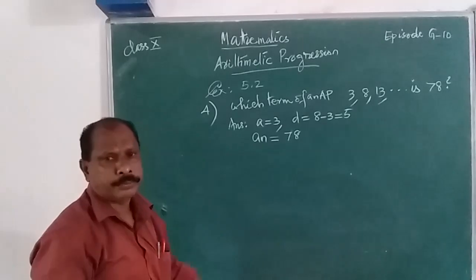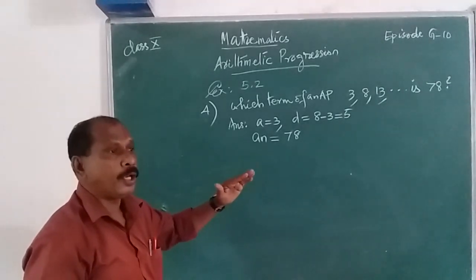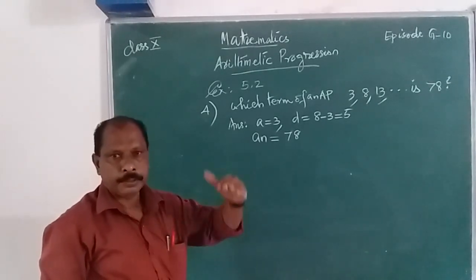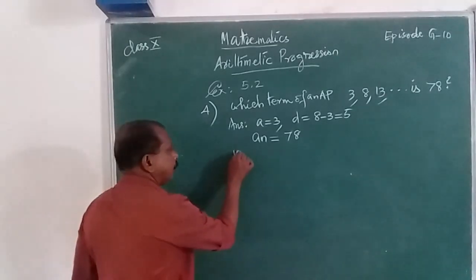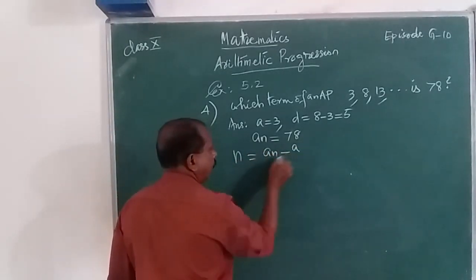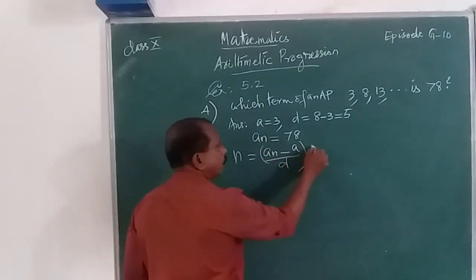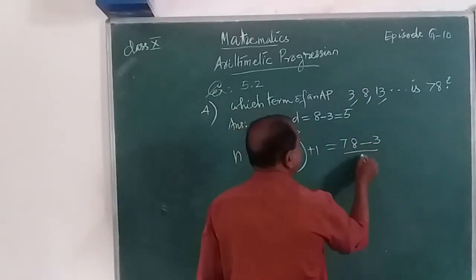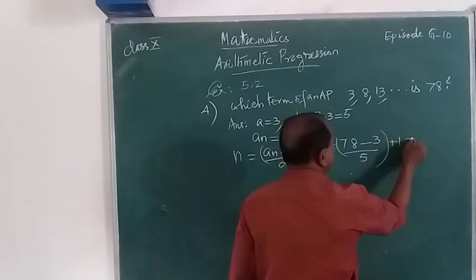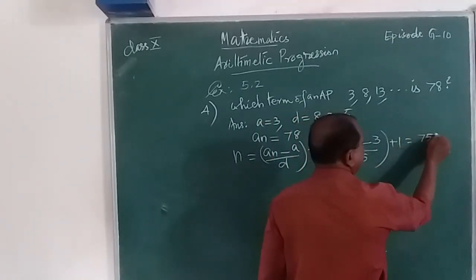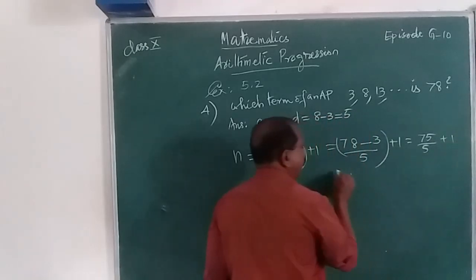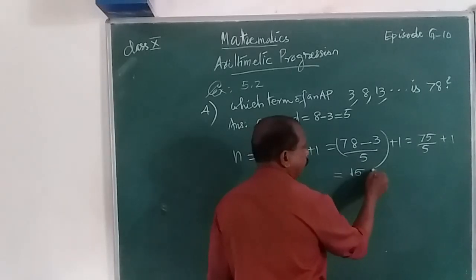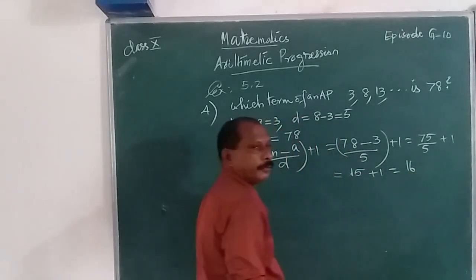We know that the number of terms of an AP is obtained by the formula: n is equal to last term minus first term by common difference, plus 1. Therefore, n is equal to (an minus a) by d plus 1, which is 78 minus 3, that is 75 by 5, plus 1. In 75, how many fives? 15 fives. 5 fives are 25. So 15 plus 1 is equal to 16.